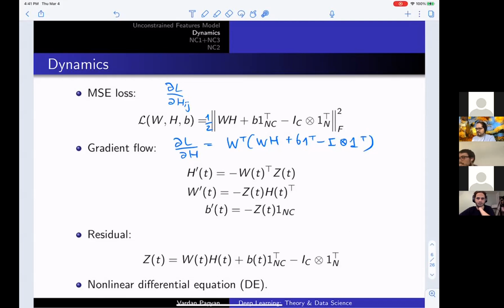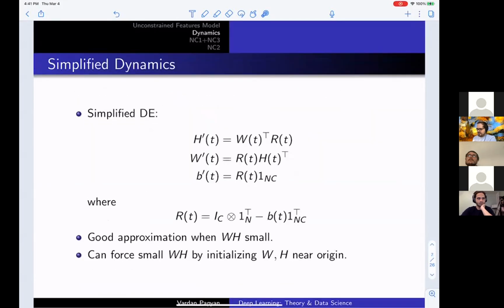If W and H are very small in norm, then this term becomes negligible, because W times H is also very small. Therefore you can just ignore this part and you get a simplified set of equations, because you just get W multiplied by this thing, which is much more pleasant. And so this is what happens here.